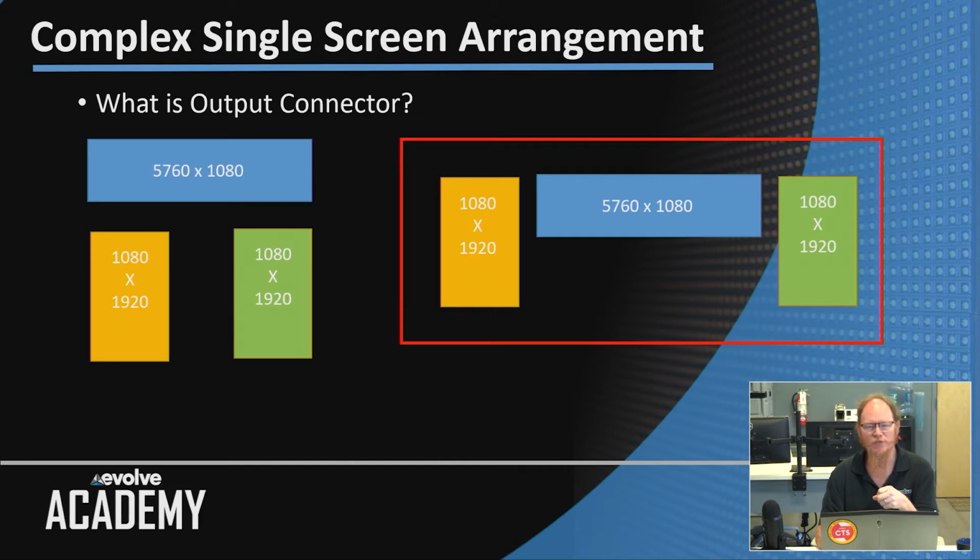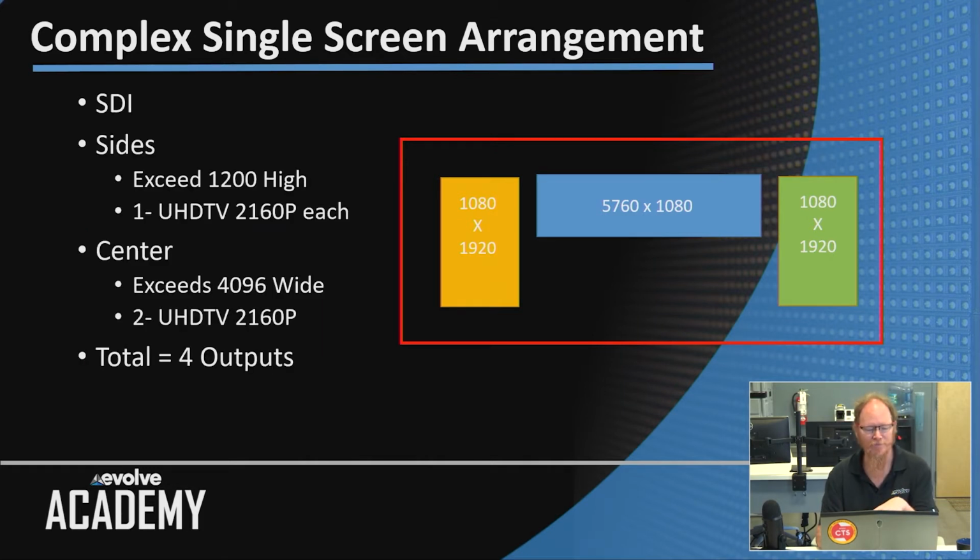Sometimes clients want control in another building, control inside the broadcast truck, and you've got to come out of there and it's got to be SDI. So if this screen was being used and driven entirely from the SDI connectors, well, these sides are 1920 tall.